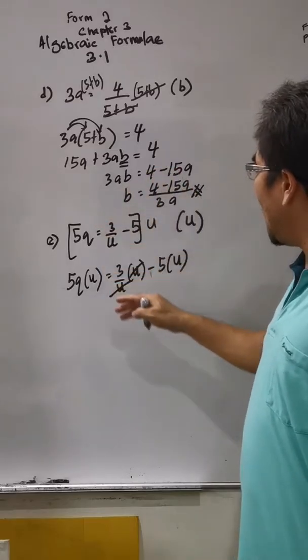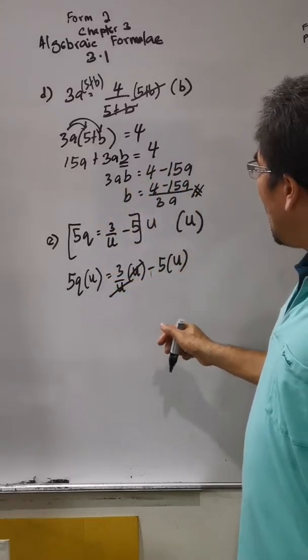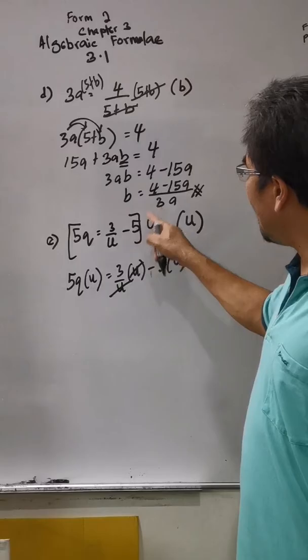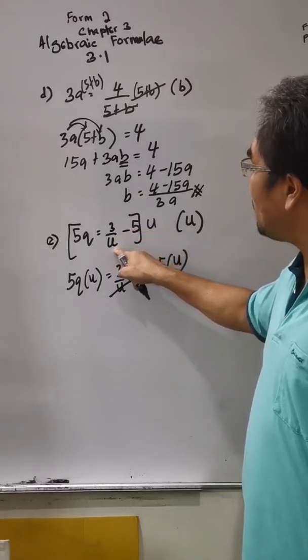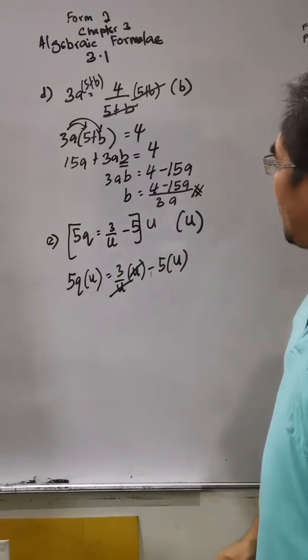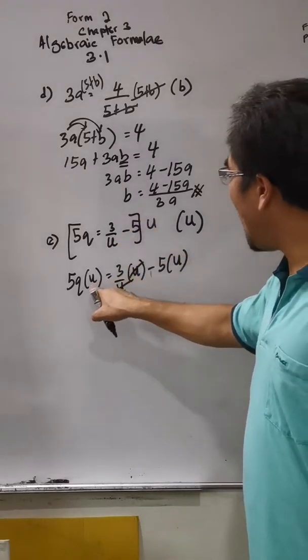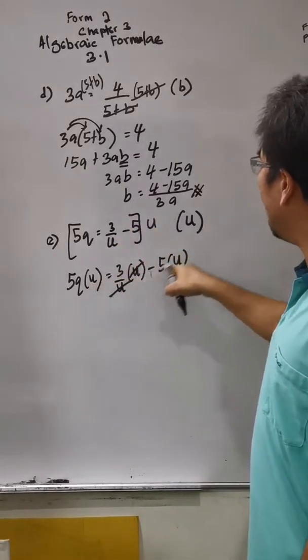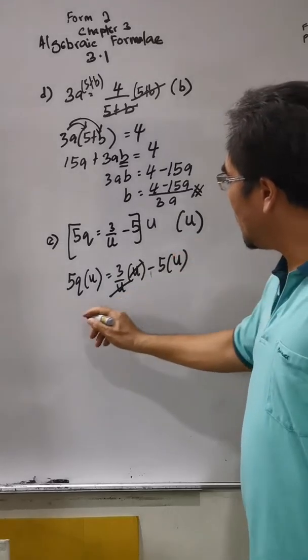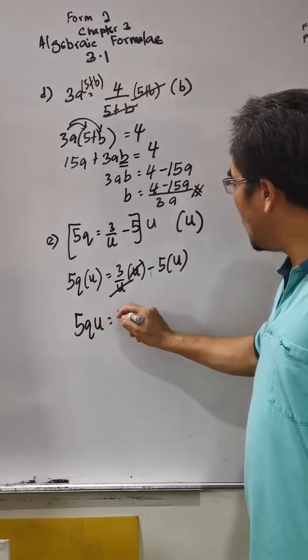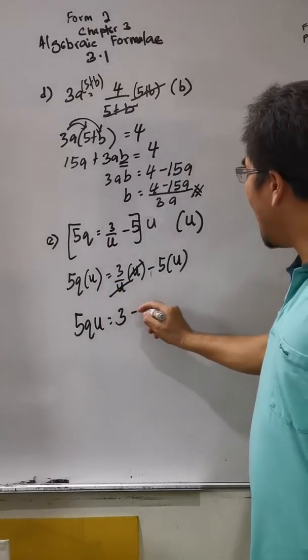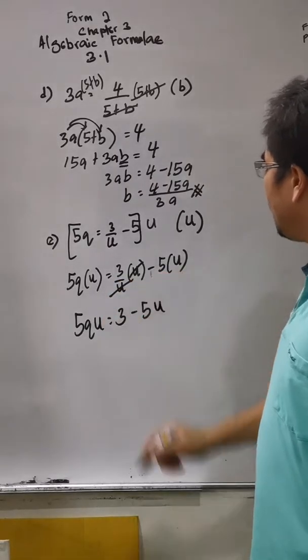For the next questions, what is important is that you multiply by U in order to eliminate this U as part of the denominator. Later on we do not have to show multiply by U. So 5QU equals 3 minus 5U.